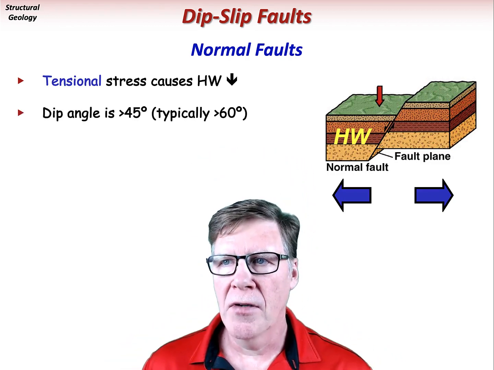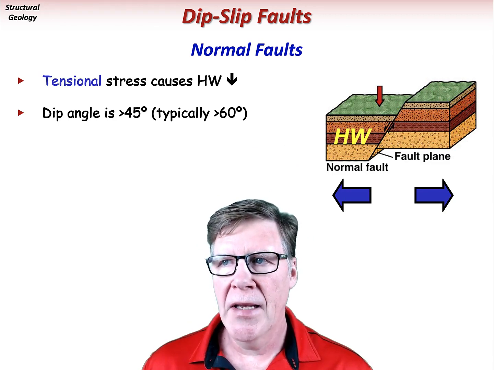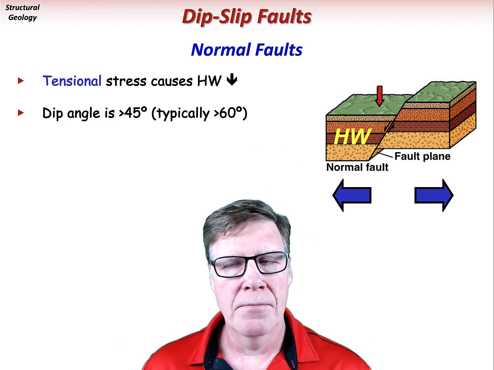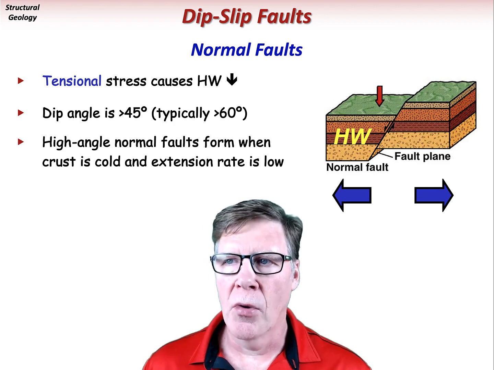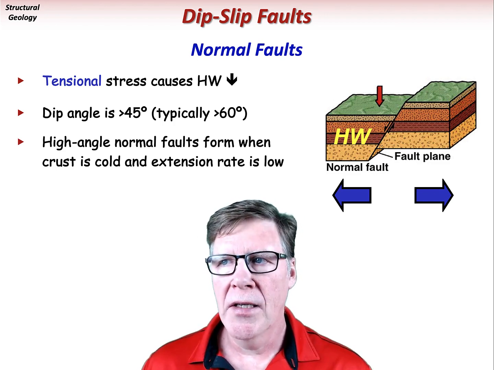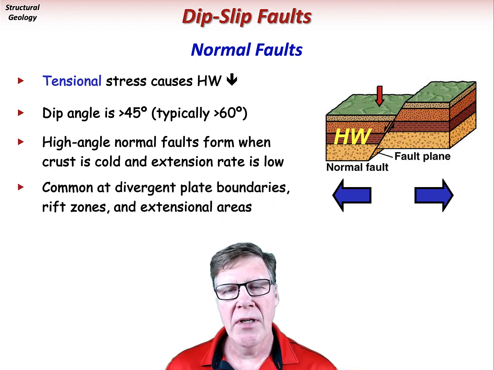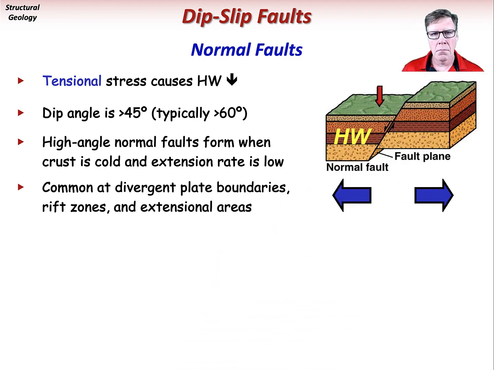The dip angle of most normal faults is greater than 45 degrees and commonly 60 degrees or more. These high-angle normal faults typically form where the crust is cold and extensional rates are low. Normal faults are common at divergent plate boundaries, rift zones, and other extensional areas.